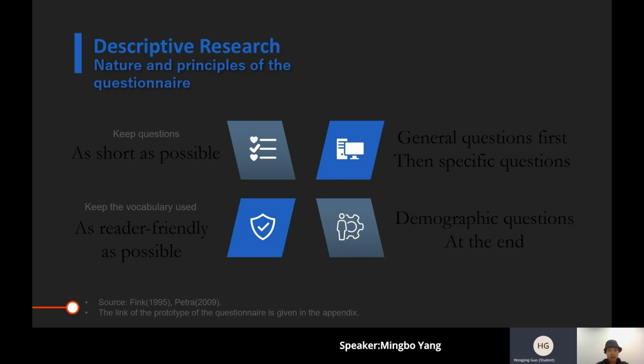So at the end, the detailed questionnaire will be adjusted and confirmed after, and based on, the exploratory research, because this is the basis of our questionnaire survey. Therefore, the prototype of the questionnaire is given in the appendix.